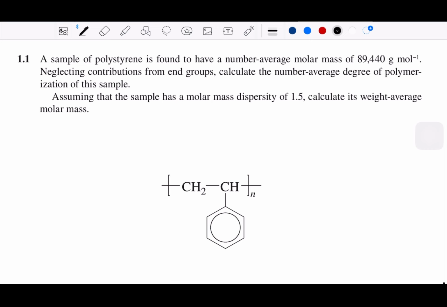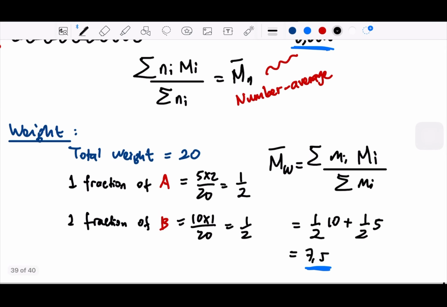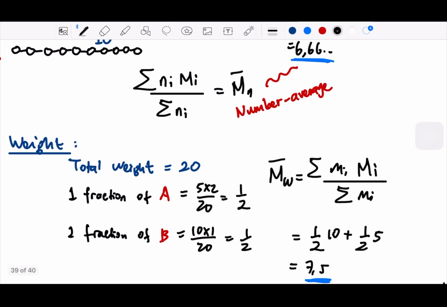And then assume that the sample has molar mass dispersity. Oh, maybe before this, let me explain what is molar mass dispersity. Okay, so from here, we know the number average. We know the weight average.